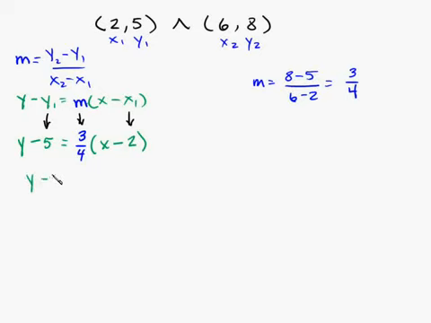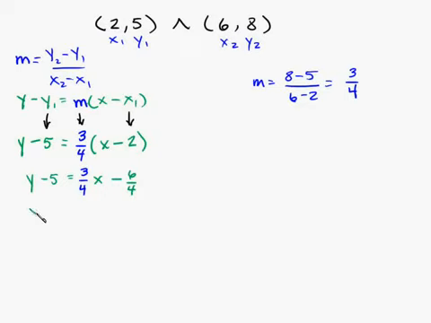So y minus 5 is equal to, so that's 3/4 x. 3/4 times -2 is -6/4. And if you didn't understand how to multiply fractions, then you should check some of the videos that I have on multiplying fractions. So now what we want to do is bring the 5 over to the other side.